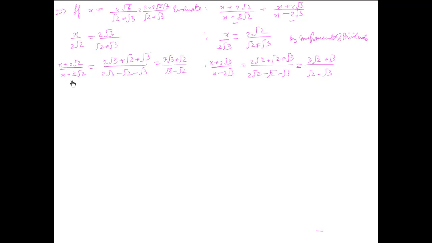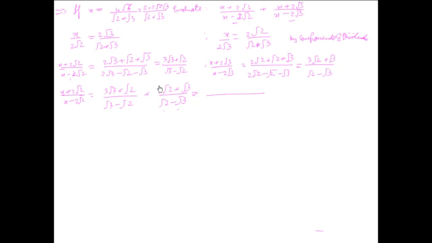Once we have this, children, now we add the two values, that's (x plus 2 root 2) upon (x minus 2 root 2) is equal to (3 root 3 plus root 2) upon (root 3 minus root 2) plus (3 root 2 plus root 3) upon (root 2 minus root 3), which we can change, children.